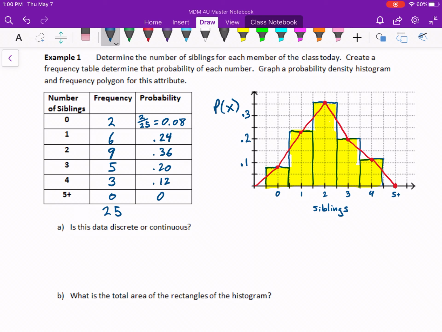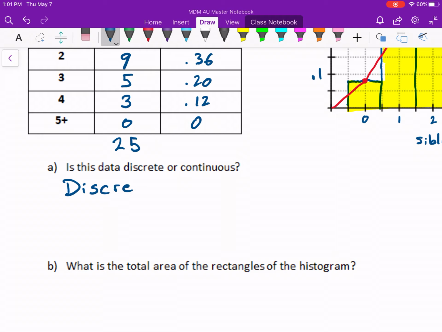Because if it's whole numbers, it's discrete. If I can break it down into decimals, then it's continuous. And hopefully, pretty clearly, we're going to count this one. Number of siblings is discrete. We're counting whole numbers.